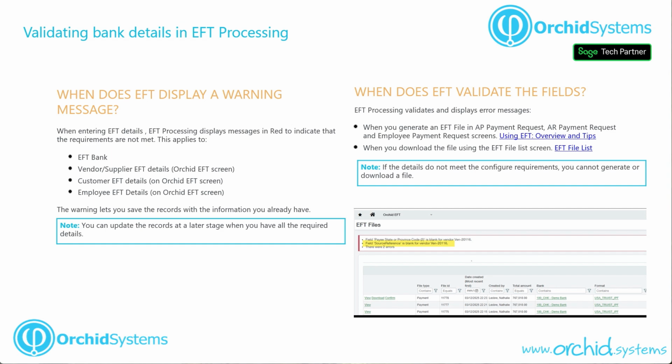And similarly, when you're coming to download an EFT file, if one or more of the fields do not match the validations, it will not let you download the EFT file.